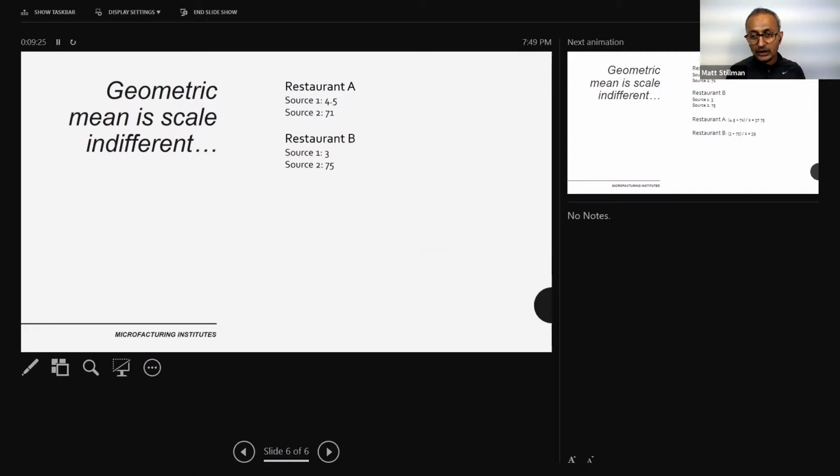The closer it is to 100, the better a restaurant it is; the closer it is to 0, it's not as good a restaurant, right? So you have 2 different scoring mechanisms at 2 different places. Similarly, you have a score for restaurant B, 2 different sources, right?